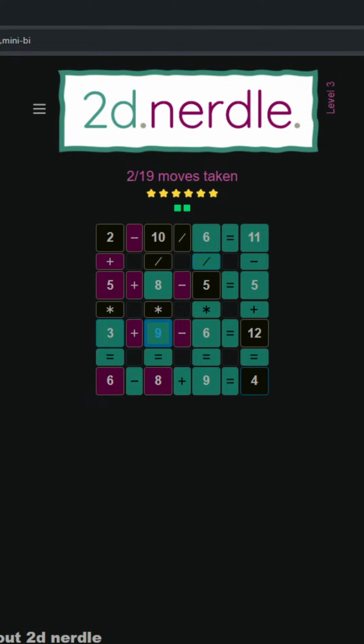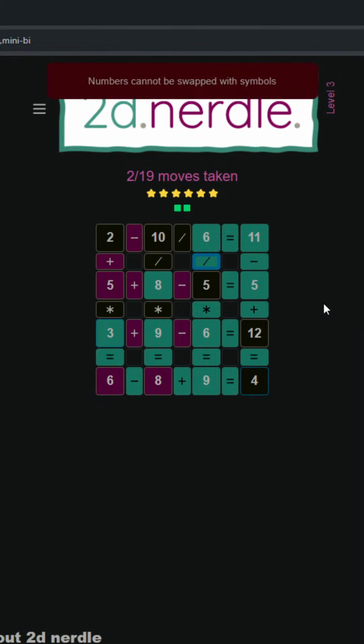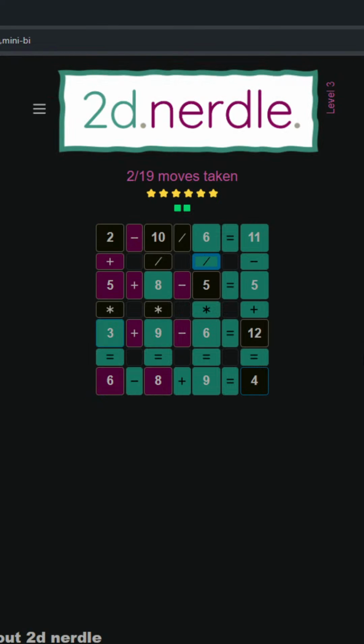We don't have an available 9 though. 6 divided by something times 6 is equal to 9. That's the same thing as saying 9 is equal to 9. Right? Or am I missing something? It says everything's correct here.